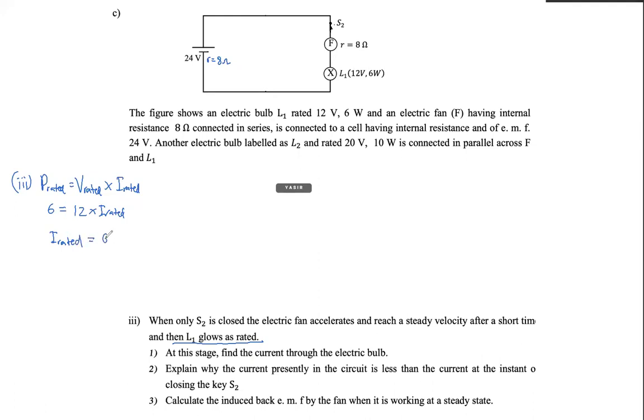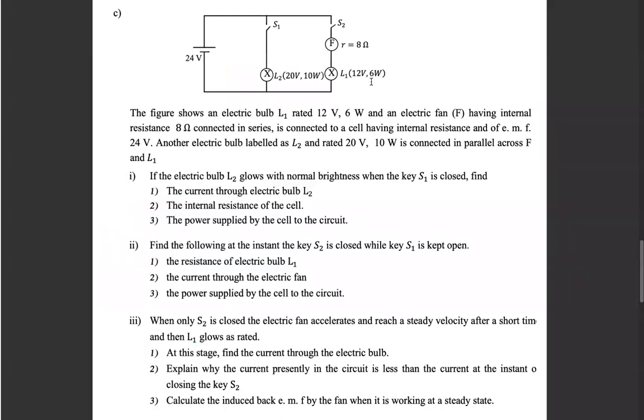Wait a minute, 6 over 12, we are getting half ampere, na? Half ampere. What was the earlier current, the current before in the previous question? Was it 0.6 or 0.4? 0.6. Then there's a problem, na? If it is 0.6, then the bulb should get damaged, people.